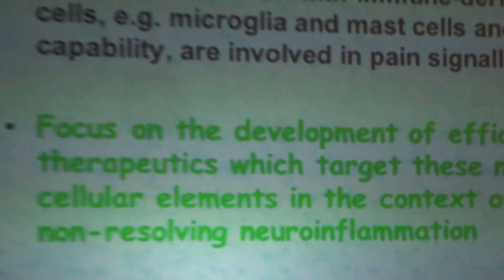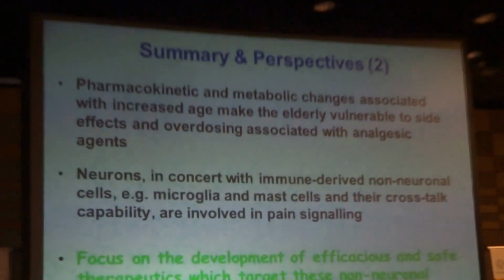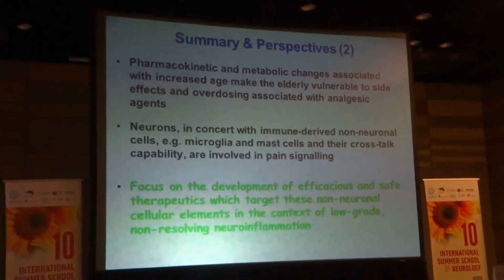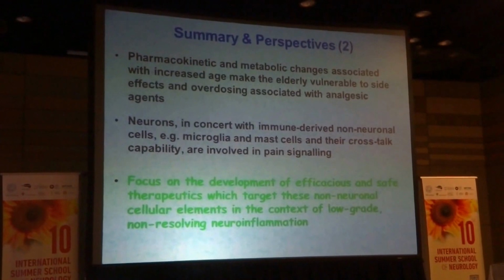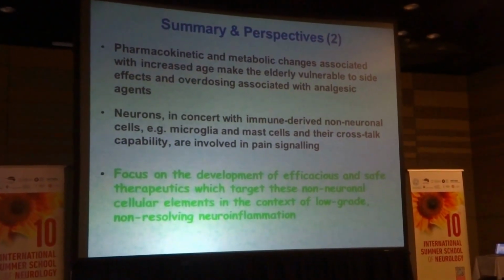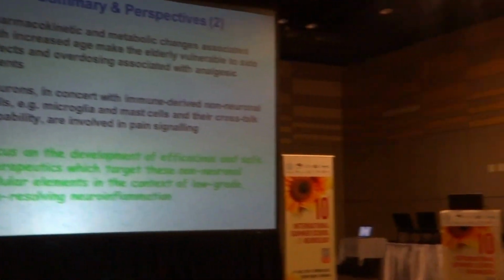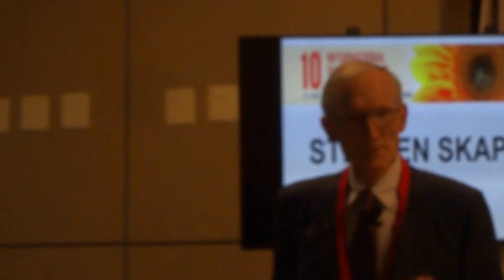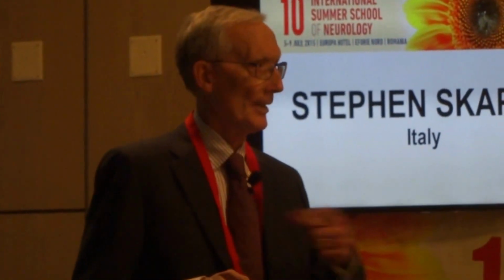Now, another important point is that when we think of inflammation and pain, which are very well connected, there is the link between the immune and nervous systems, but also one needs to think about how components of the immune system interact with each other and how this interaction affects the nervous system. So it's really sort of like a triangle between these different immune cell types and neurons.